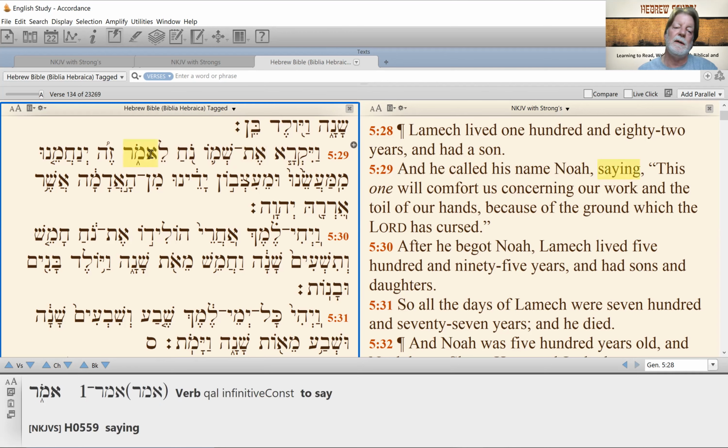This is an infinitive construct with the lamed prefix. So we've got the lamed, which is a clue that we're dealing with an infinitive. So saying, or to say, zeh, this. Yanachamenu, let me start over. Yanachamenu. This word Nacham is related to Noach's name, and you can see down at the bottom, it means comfort, relent, or give rest is another definition.